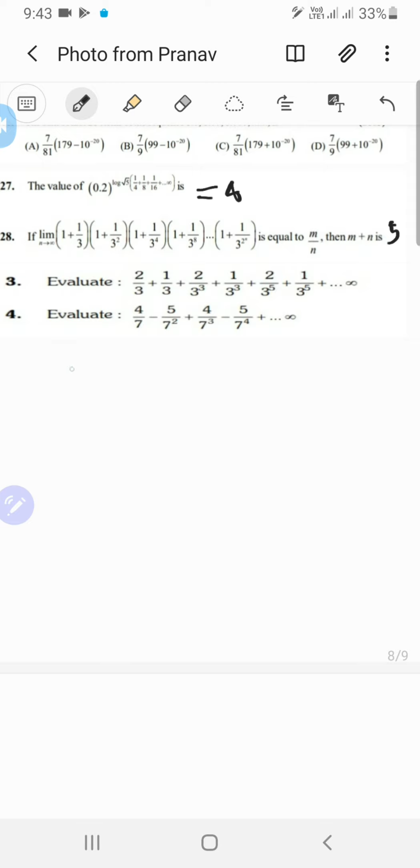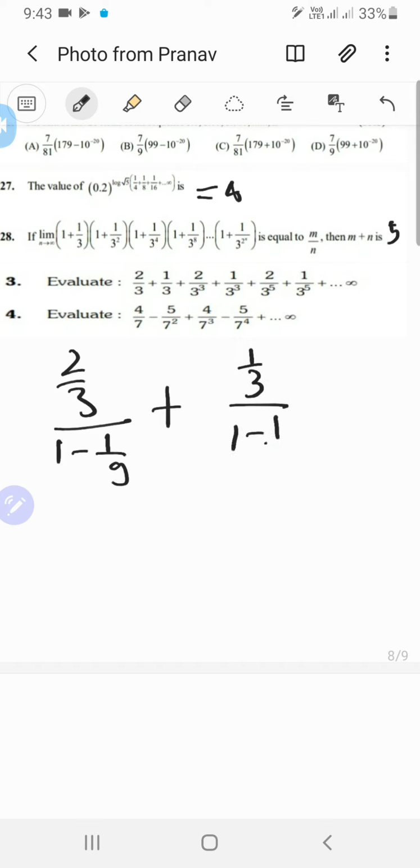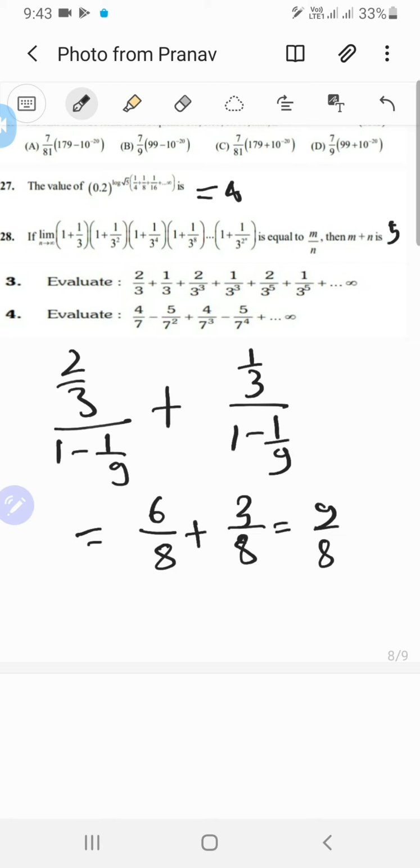So 2 by 3, this is the first term, upon 1 minus 1 by 9, plus 1 by 3 upon 1 minus 1 by 9, multiplied by 9. So you get 6 upon 8 plus 3 upon 8, which is 9 upon 8. Nice.